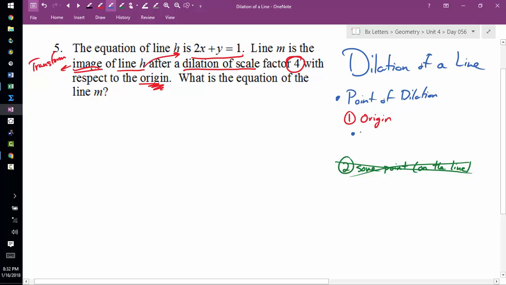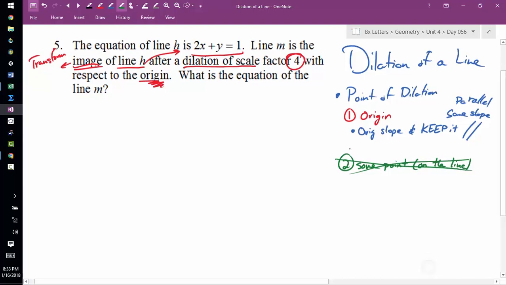You need to find the original slope and keep it, because dilated lines are parallel. If things are parallel, they're going to have the same slope. Parallel is the same slope.